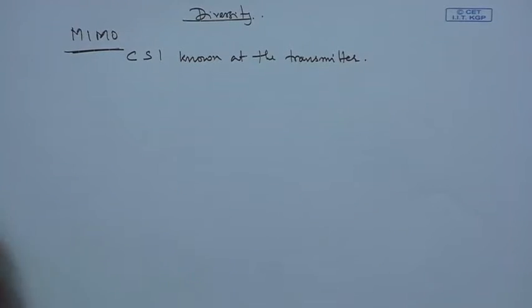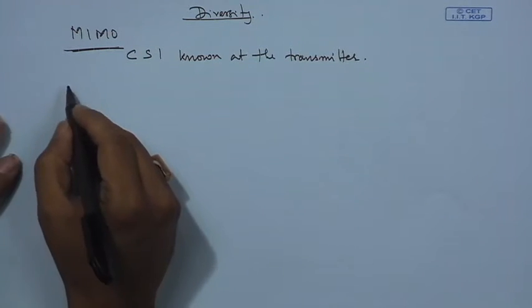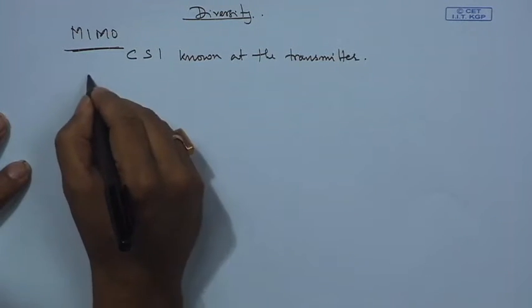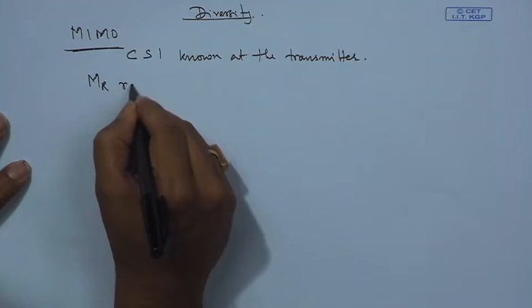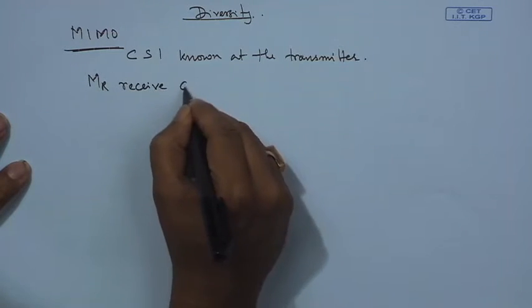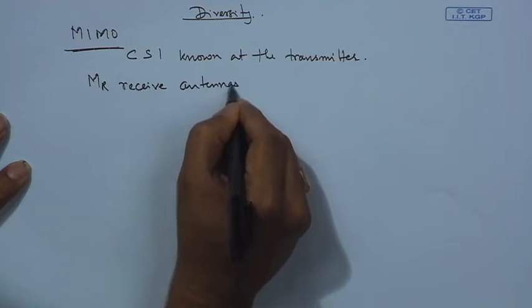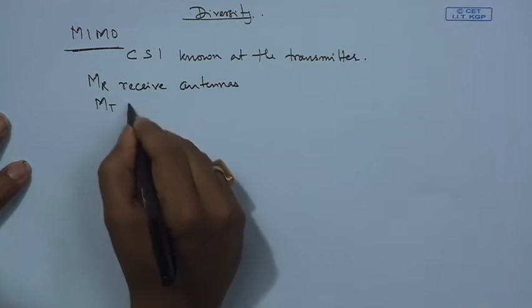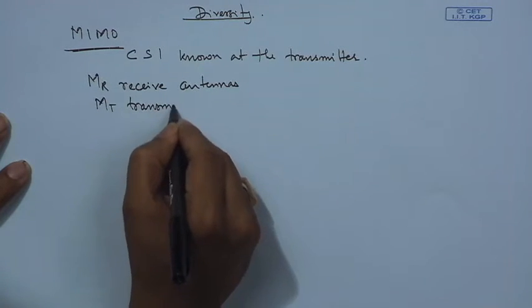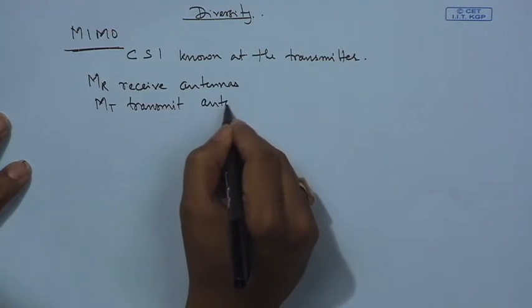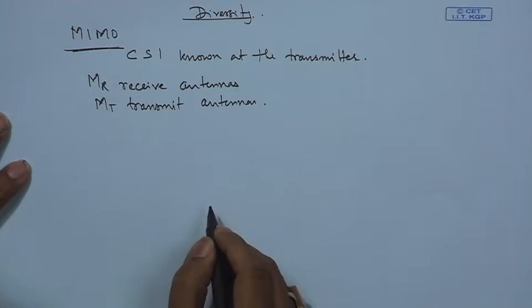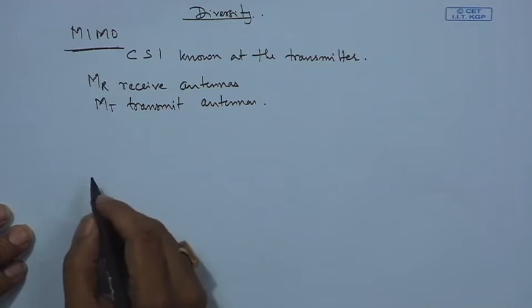So we will consider a system which has, let's say, MR receive antennas and MT transmit antennas. So basically it's an MR cross MT channel coefficient matrix.